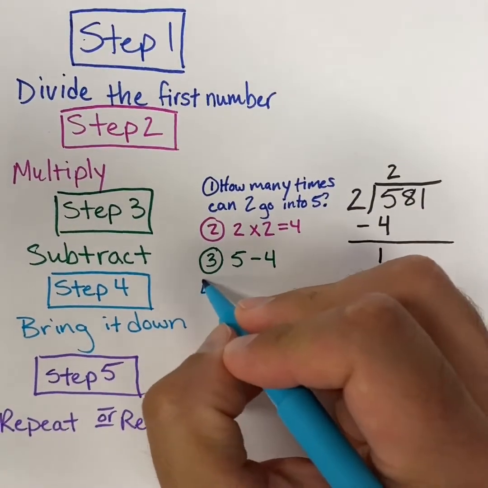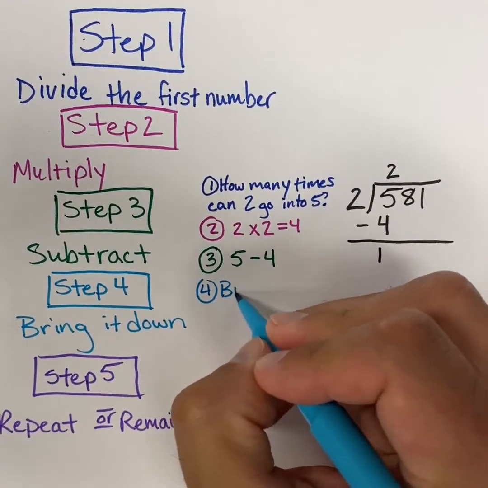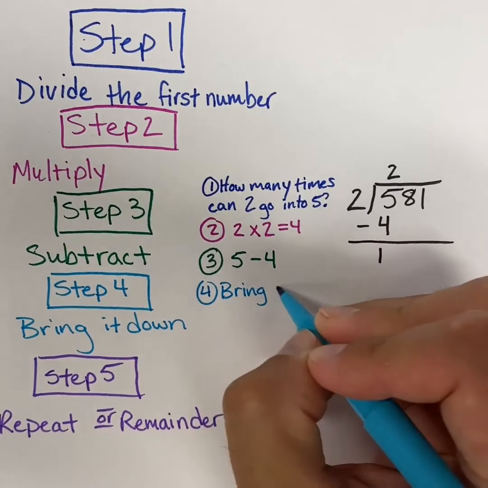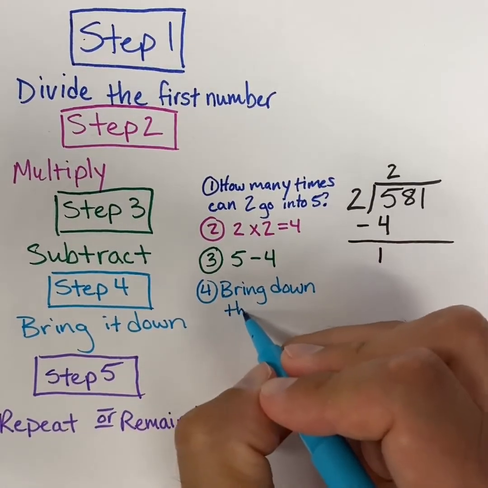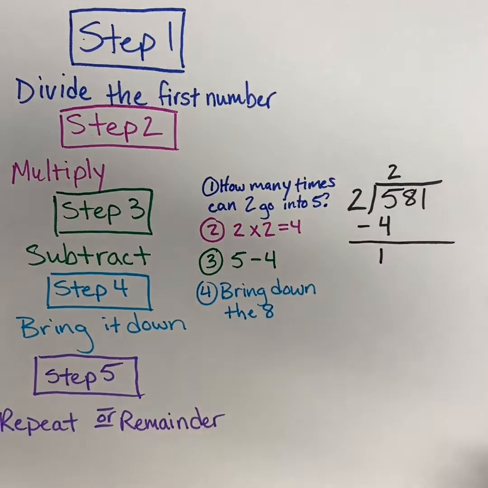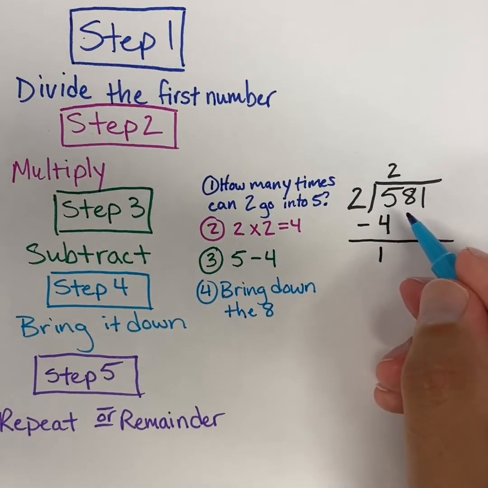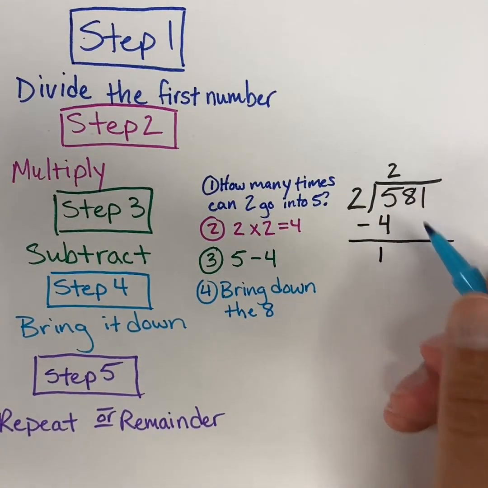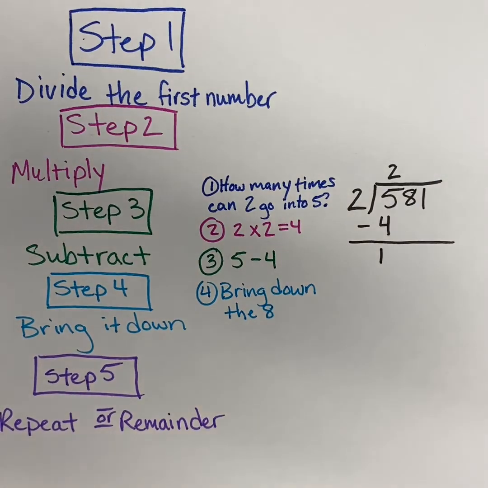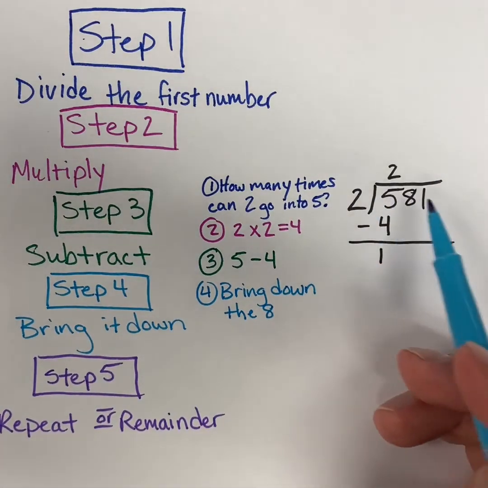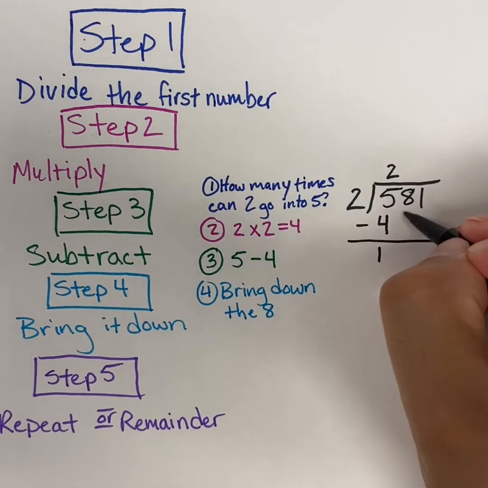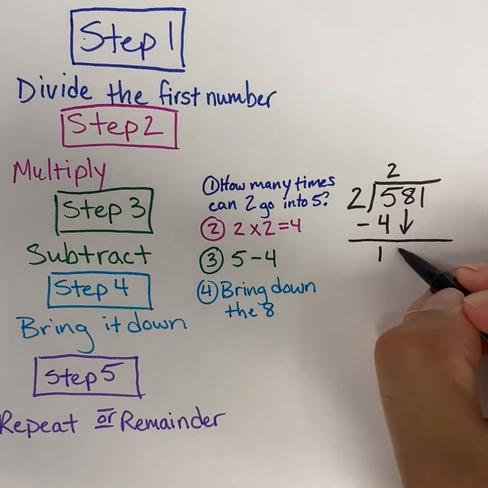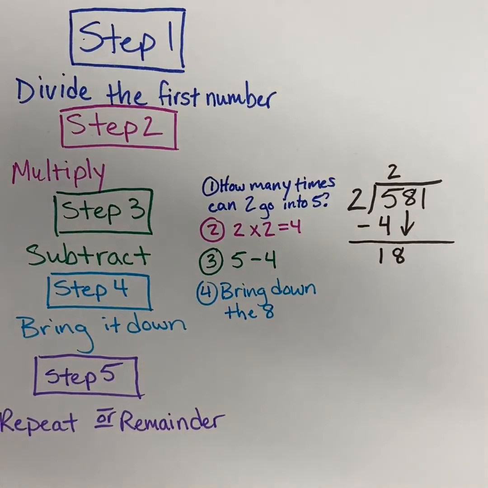So our fourth step would be bring down the 8. And obviously, if this was a 7, we would bring down the 7. If it was a 6, we would bring down the 6. Okay? It all depends on what that next number in our problem is. So in this case, it's an 8, so we're going to bring it down. And we are going to put it right here with our 1.